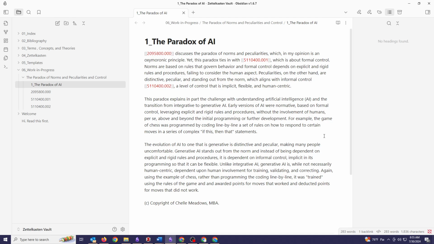Instead of dictating every single possible move, with generative AI, we've actually given it the rule book for the game of chess and let it learn by what's called reinforced learning, by giving it rewards, points, and penalties, taking away points, with the objective of it getting as many points as possible.